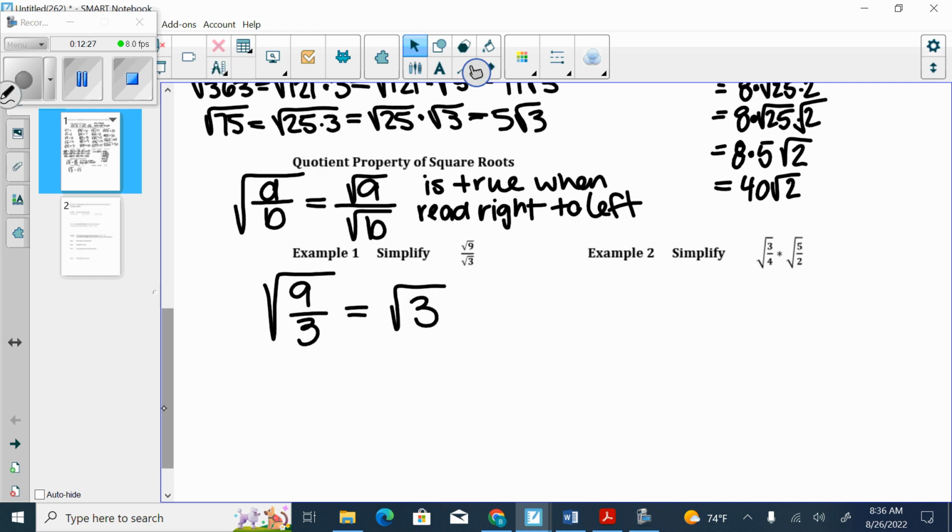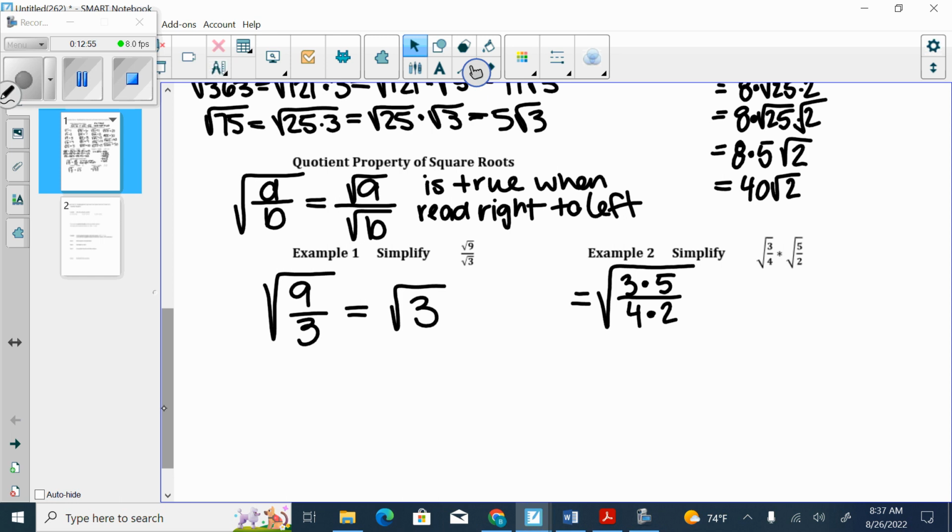Okay, let's come over here to this example. Again, these are terms under the radical, so that means we can multiply them together since they're both underneath the radical. So this would mean that I have 3 times 5 over 4 times 2 underneath my radical.